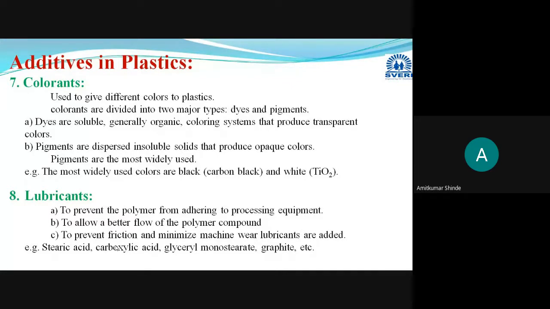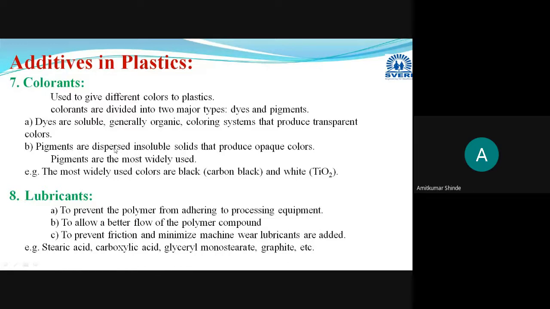What is the function of these dyes and pigments? The function is to provide attractive color, and they provide it in two ways. When you add dyes, they provide a transparent color. Transparent color is provided when dyes are added in the plastic material.